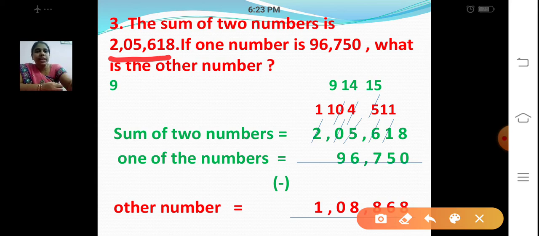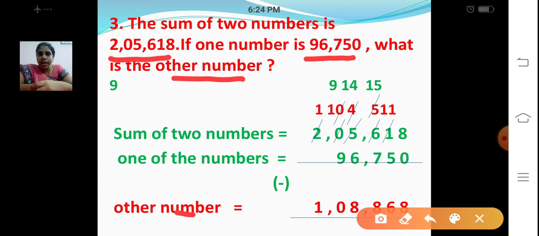Now, one of the numbers, what is one number? One of the numbers is equal to 96,750. So, we are going to find out the other number. So, other number is equal to, so what we have to do? We have to do subtraction, right?